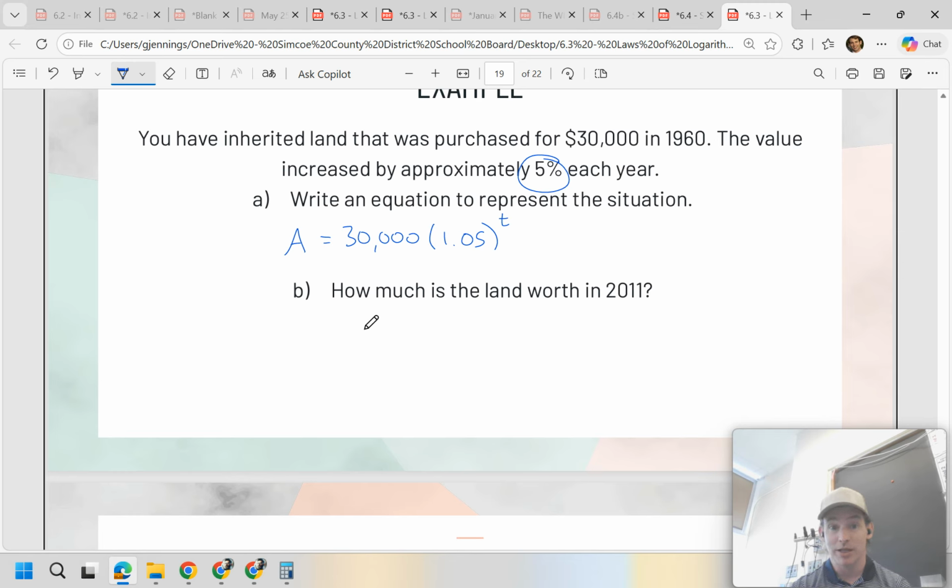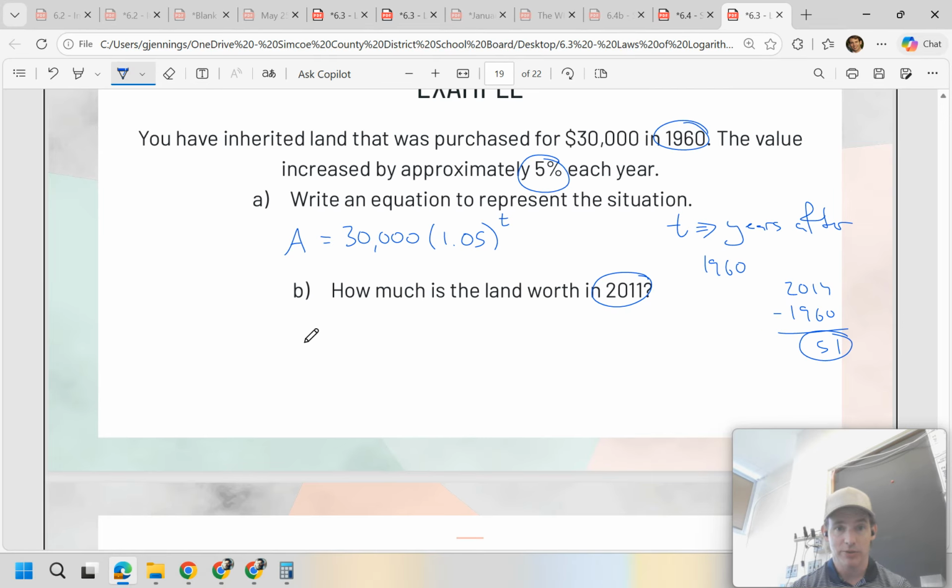I'd usually copy it down, but you can tell I'm rushing here. So now I need to know t is years after 1960. So we can do 2011 minus 1960. And that gives us 51. So it's 51 years in the future.